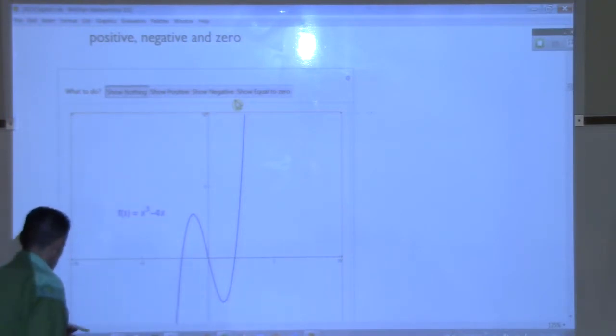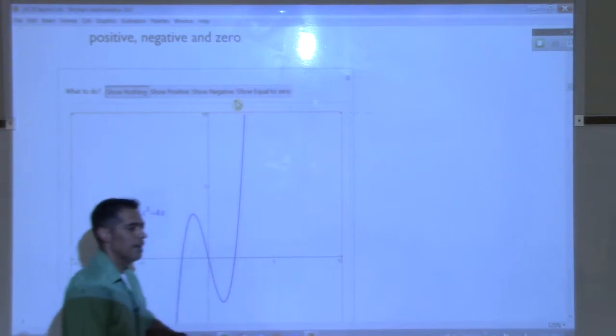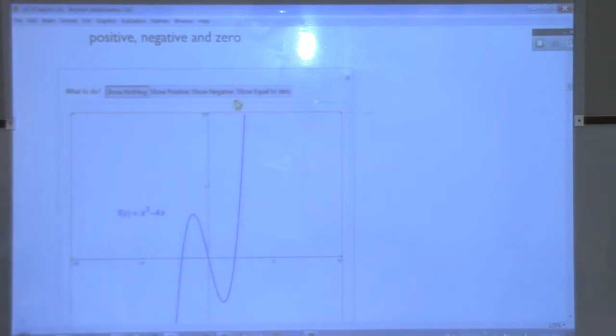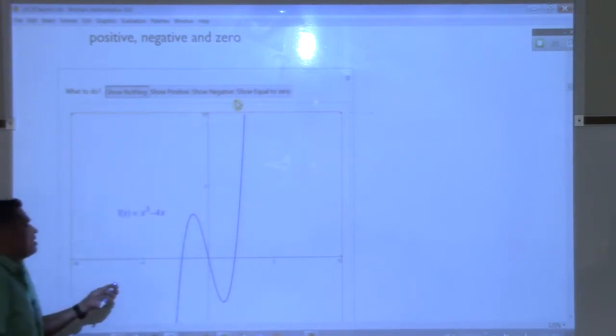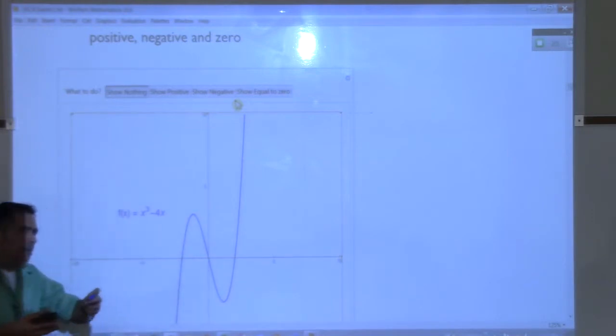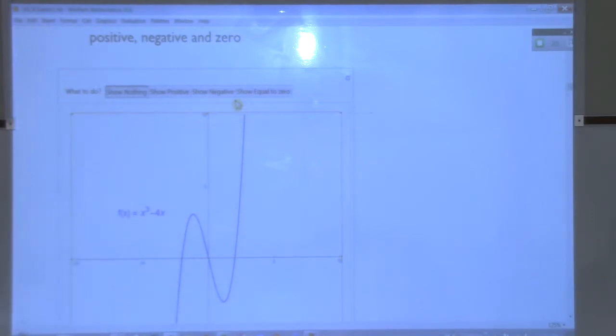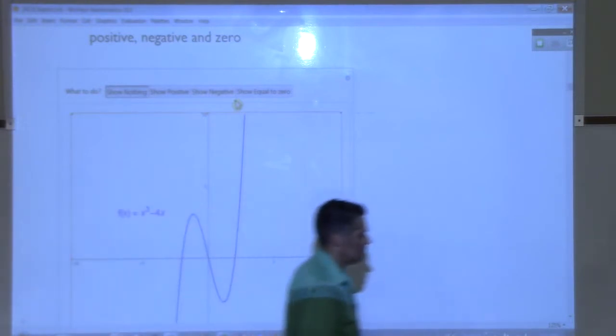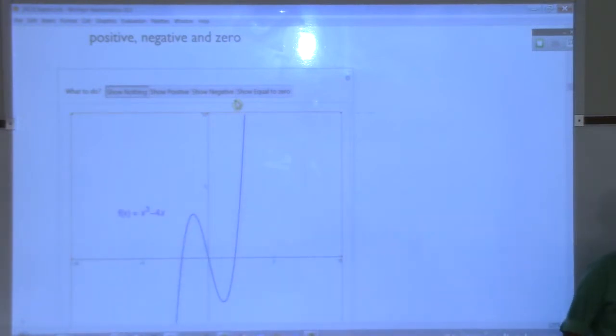Let's ask someone. Jamie? Where's Jamie? Hi, Jamie. How are you doing today? Great? Okay, so if I were to ask you, where is this function positive, can you in words describe what it is I'm asking you for? So, I guess on the graph or above 0?